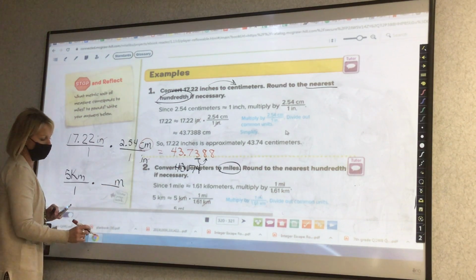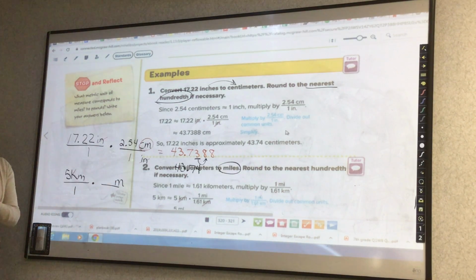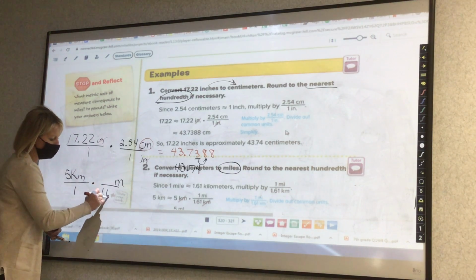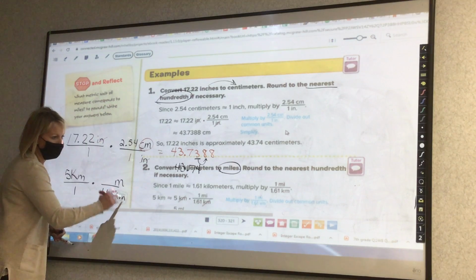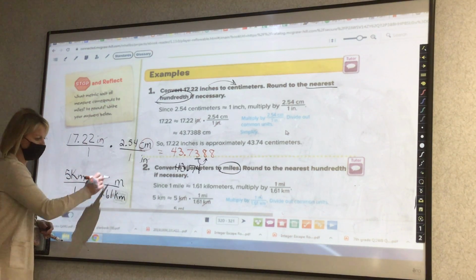Then I check my chart, and it tells me how many kilometers per mile. 1 mile is 1.61 kilometers. So I'm going to put the 1.61 kilometers on the bottom. Are you with me on that? And it's 1 mile here.